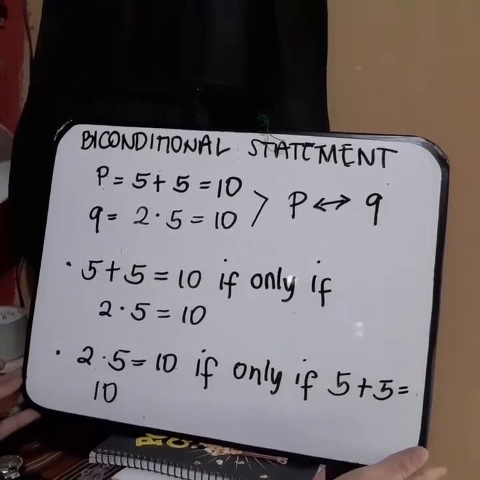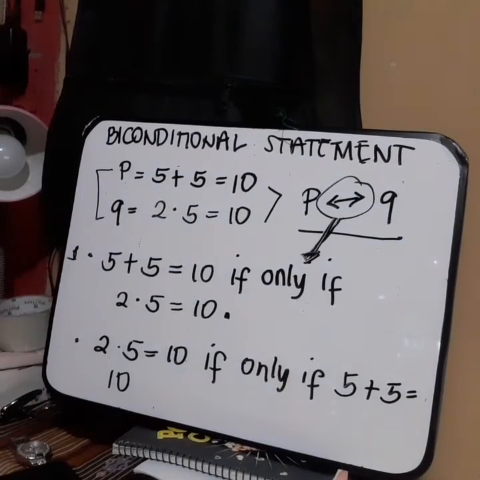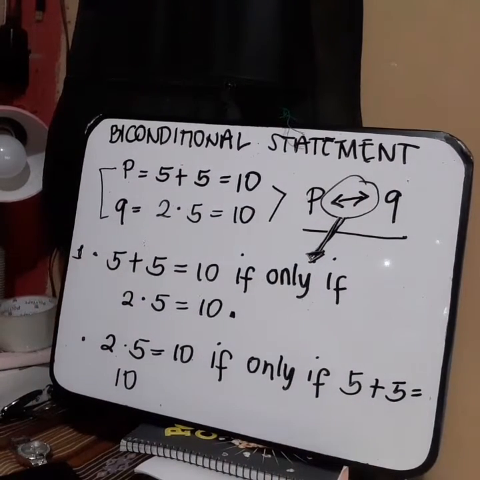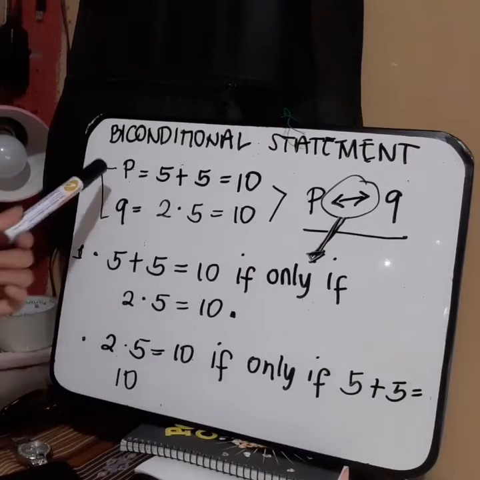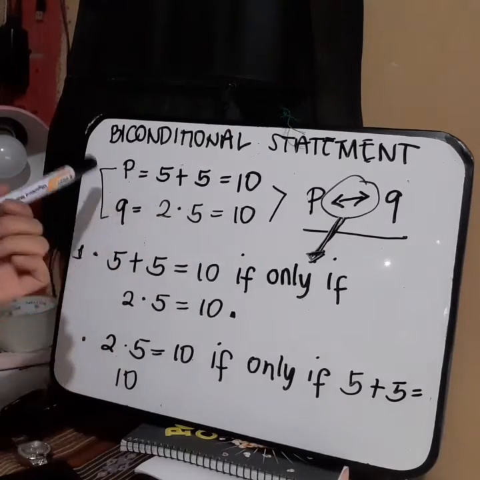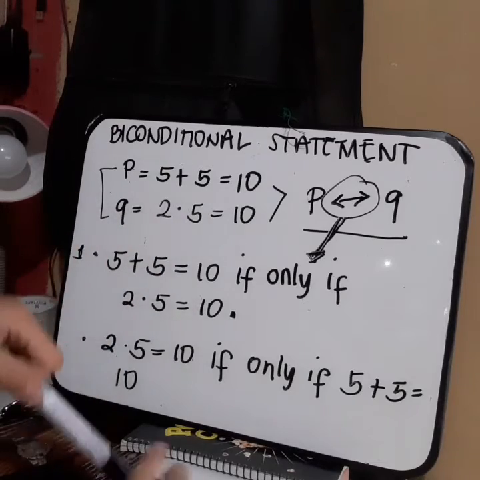So here we do have the biconditional statement. Before, we answered the conditional statement; now we do have the biconditional statement. P is equal to 5 plus 5 is equal to 10, and Q is 2 times 5 is equal to 10.